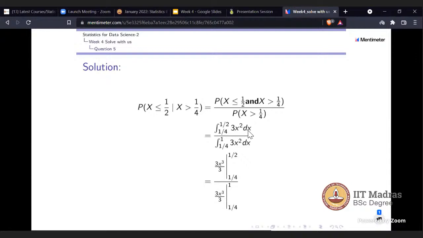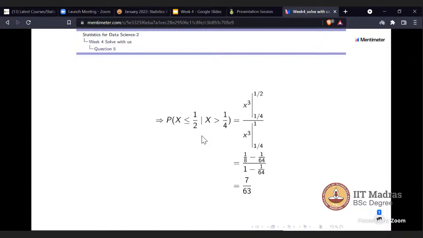The PDF is already given to us, that is 3x square for x lying between 0 to 1. So you just integrate the PDF from 1/4 to 1/2 in the numerator and from 1/4 to 1 in the denominator. Once you do it, you will get your answer as 7/63.